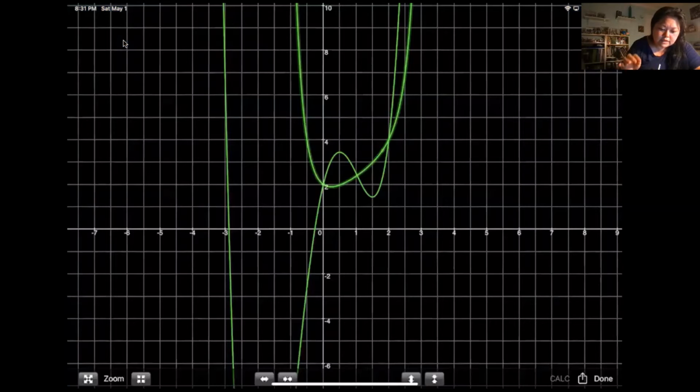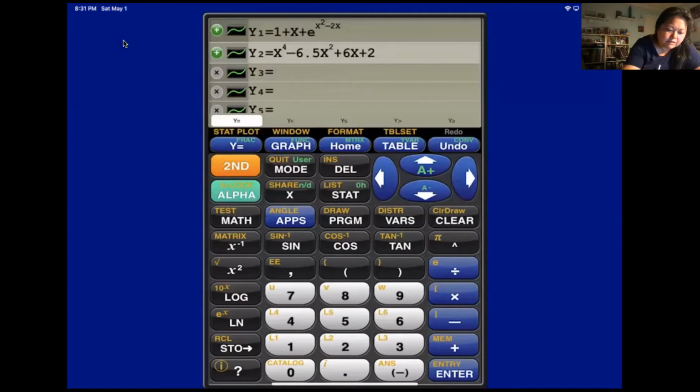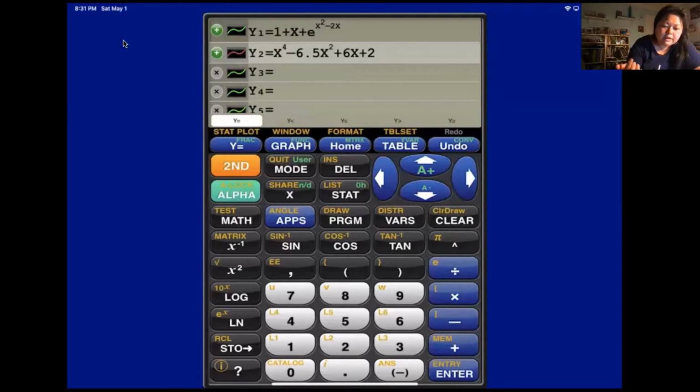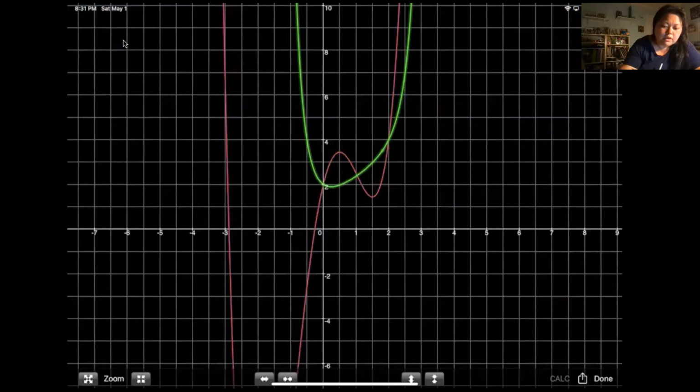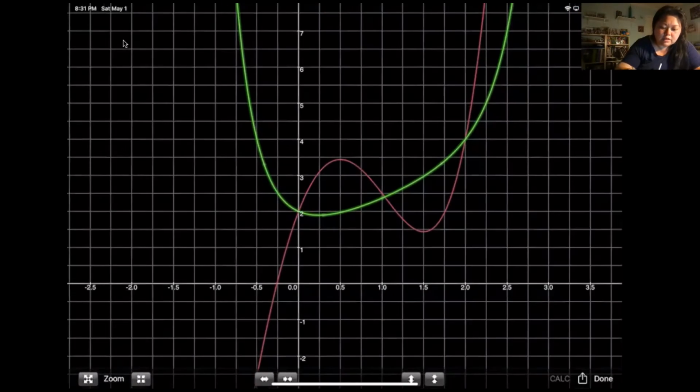Okay, let's graph this out. So you can see this is our function. For me, that is not helpful because my graphs are the same color, so I'm going to change one of them to a different color. That way I can see my green is my F and my red is my G. Let me press graph. There we go. So this looks a lot more like what I have in the test.